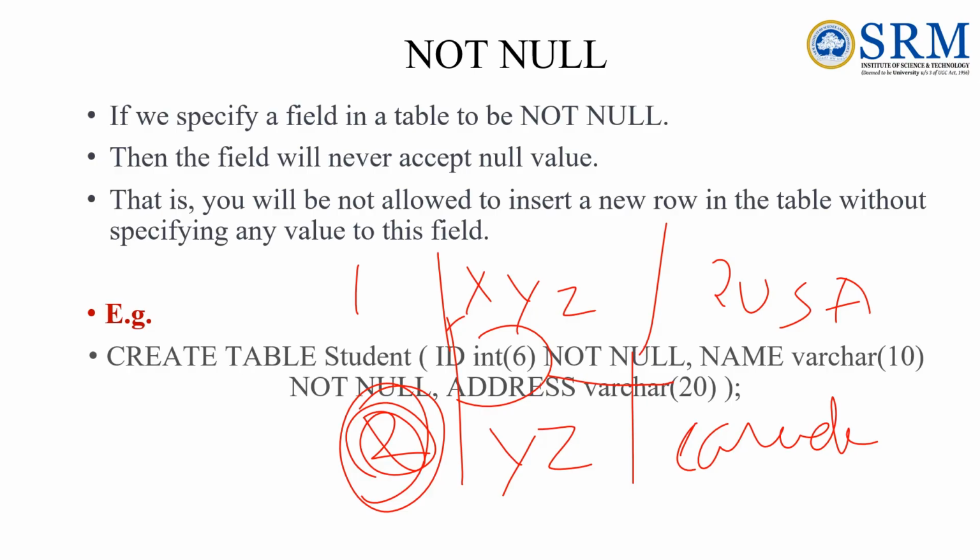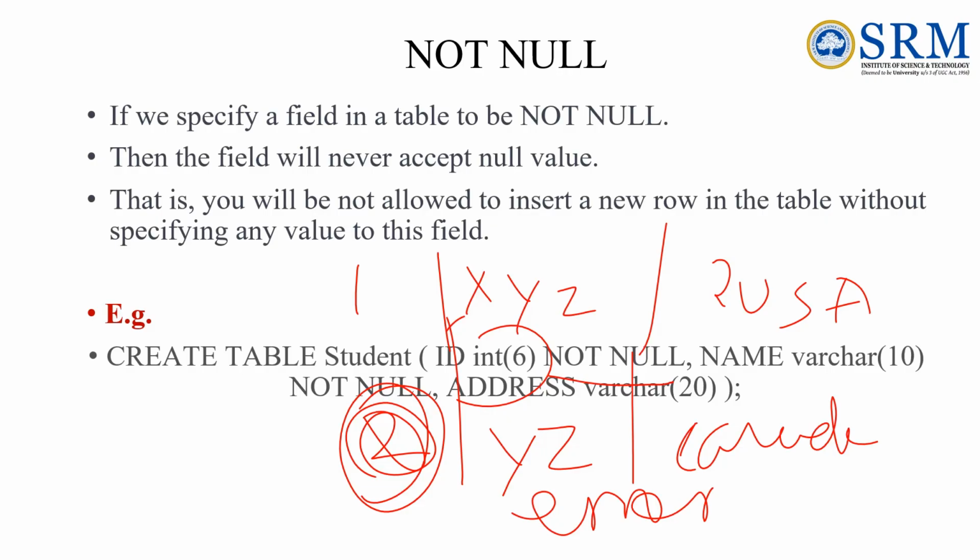When you are not filling it, you will get an error message that the NOT NULL constraint is being violated. So what is the purpose of the NOT NULL constraint? You can't leave that field empty.